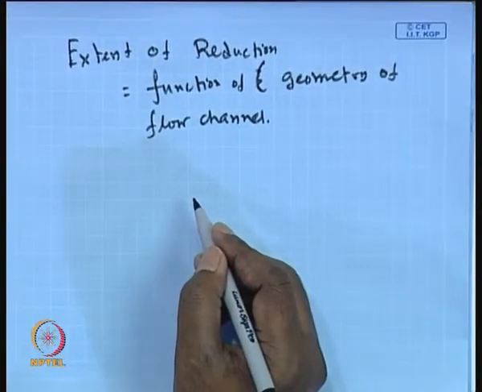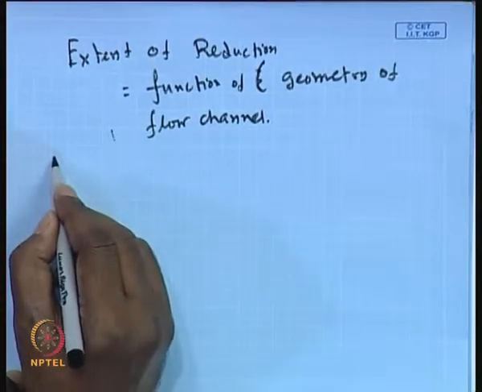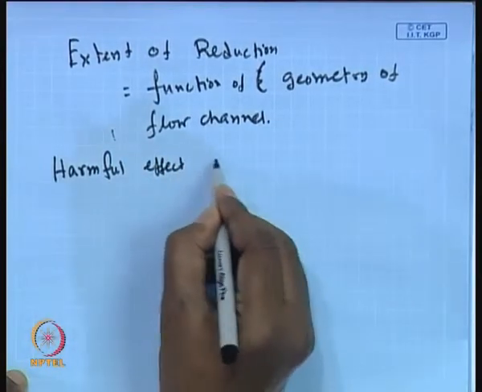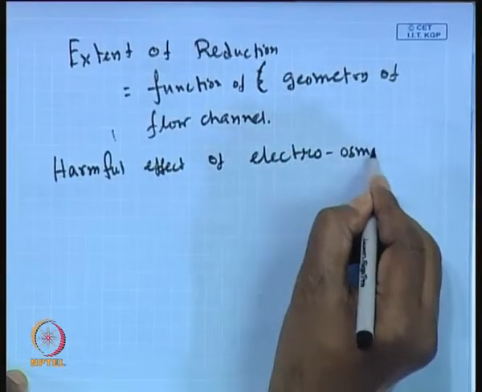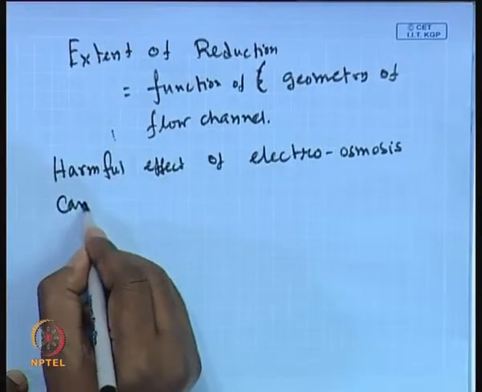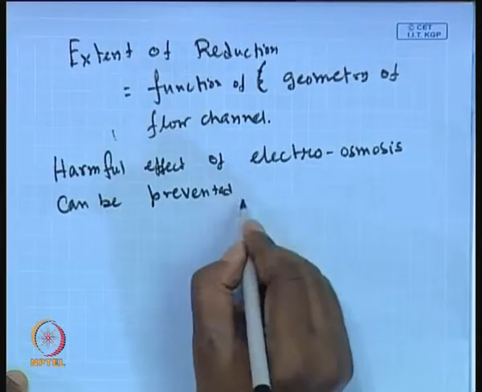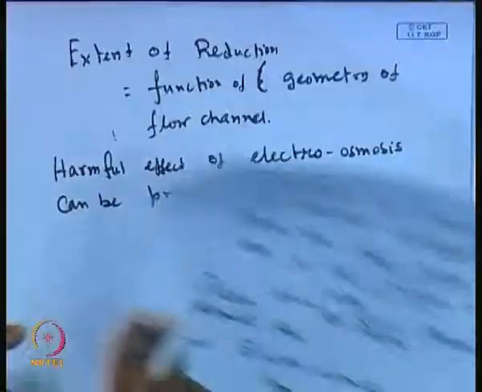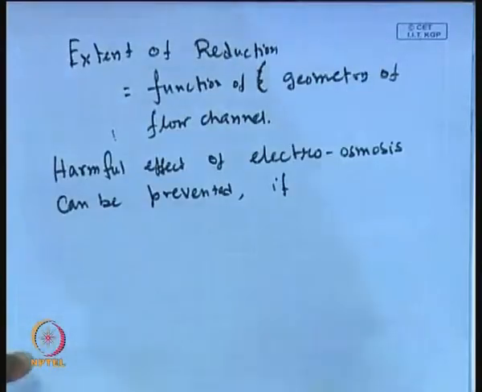And of course, the harmful effect of electroosmosis can be prevented if the wall is coated with some material that will reduce the zeta potential. If the zeta potential of the wall is reduced, then the electroosmotic velocity will also be reduced. Okay. And what is that material?